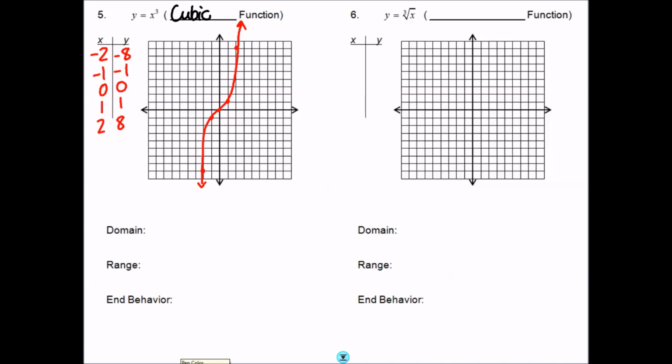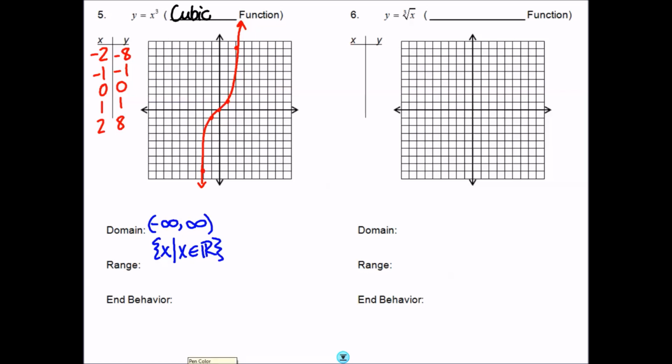So the domain of this function, on the left side, this arrow will continue going out to the left, so it will eventually get to negative infinity. And on the right side, this arrow will continue going to the right, so the domain is negative infinity to infinity, or x, such that x is an element of the real numbers, or all real numbers.